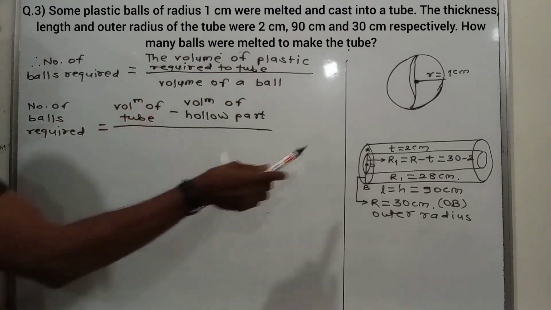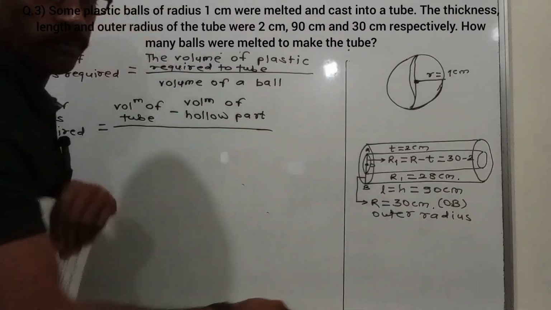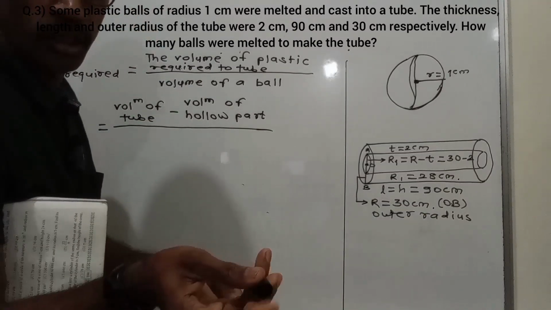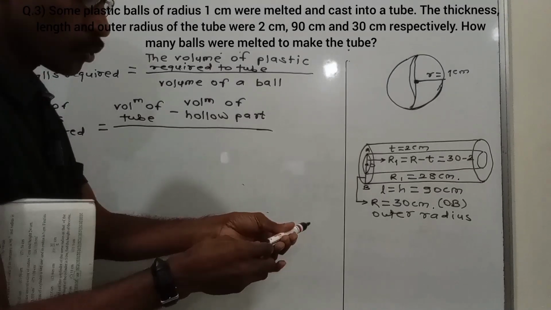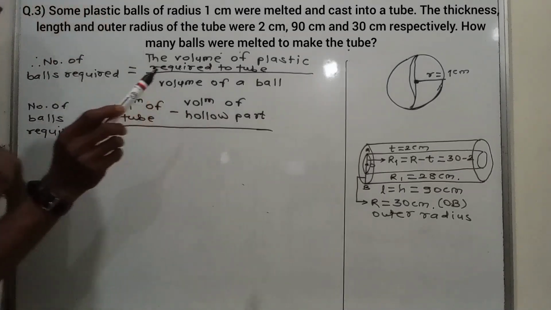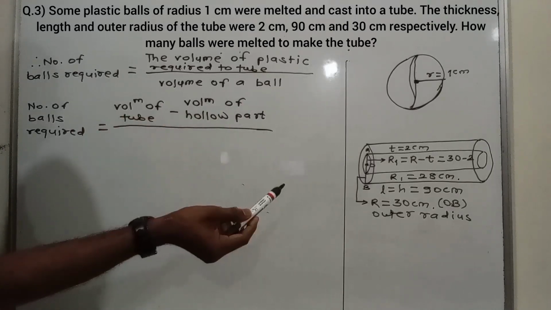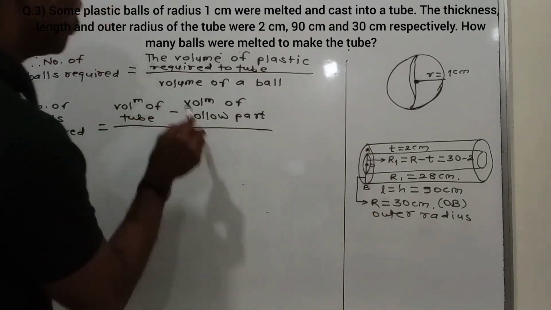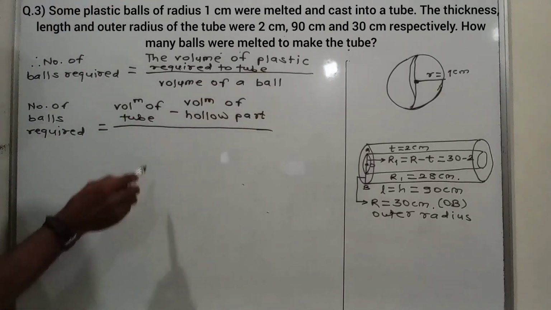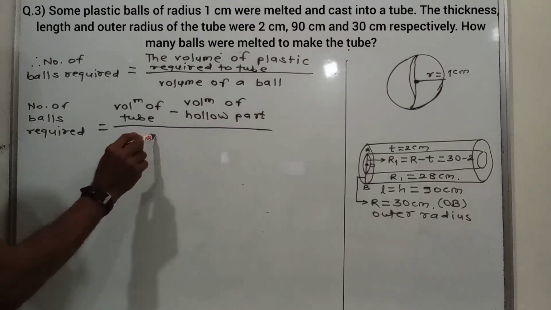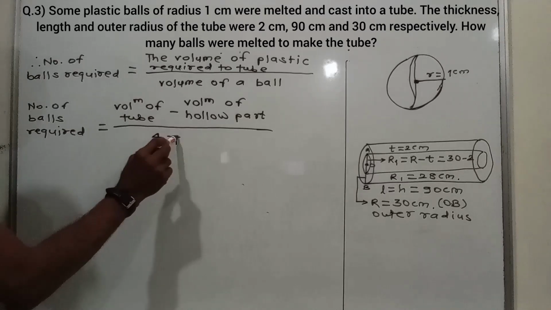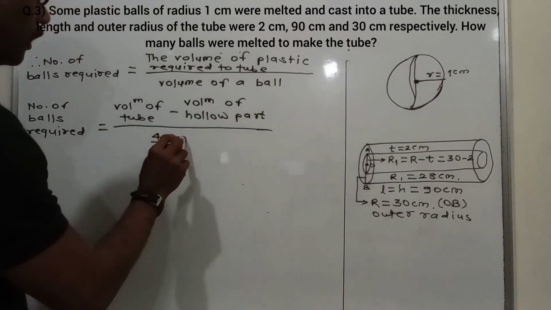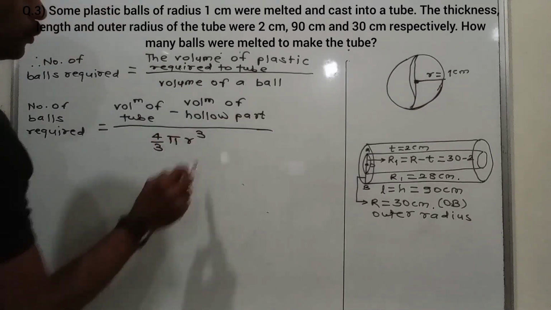Therefore, volume of tube means volume of this total with hollow part. So we subtract this hollow part, that is also cylindrical, upon the volume of a ball. Volume of a ball is 4/3 pi r cube.